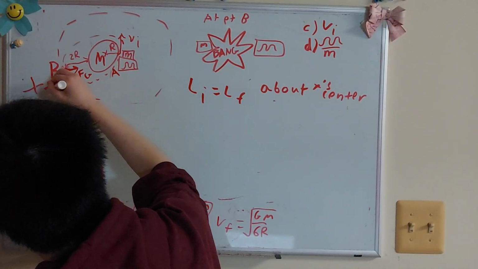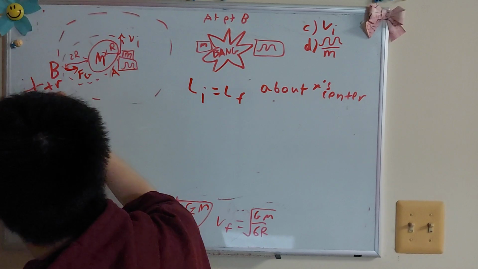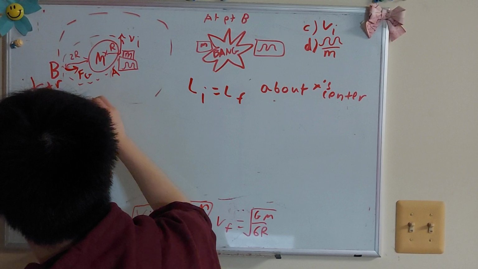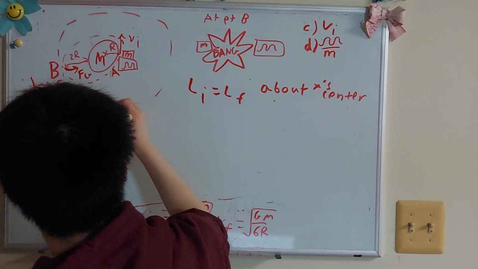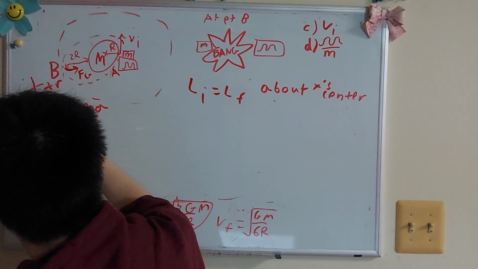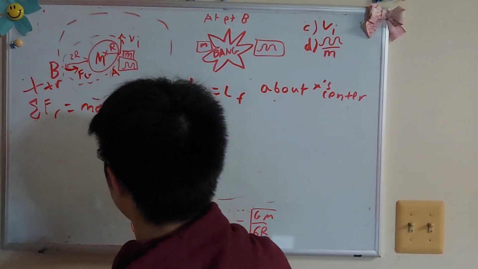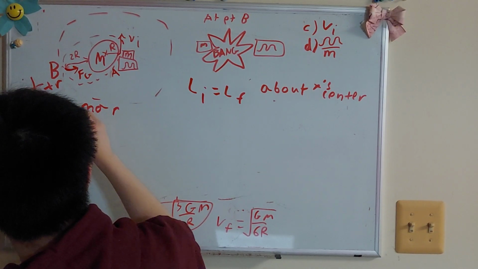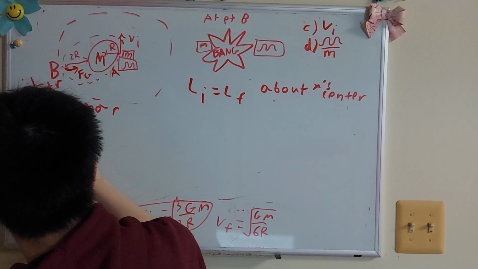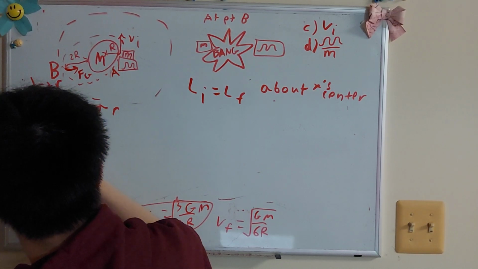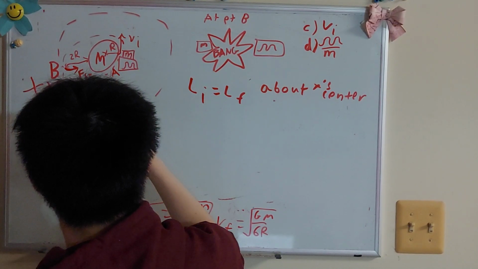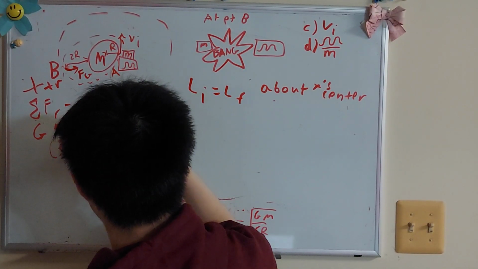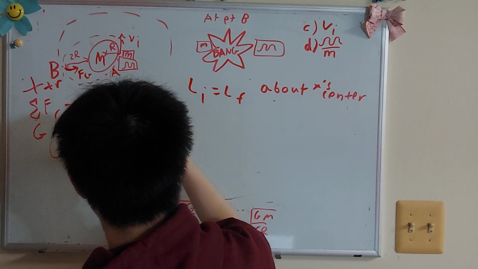If we sum up the forces, we realize that our only force acting on the system is gravitational force, from formulas that we covered in class. We can equate that to the centripetal force that I was talking about, which is this.